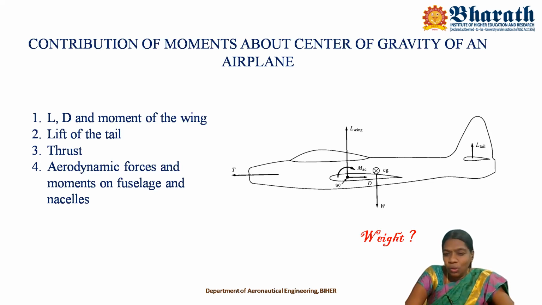All the forces and moments acting on the airplane contribute towards it: the lift, drag, and moment of the wing, the lift of the tail, the thrust, and the aerodynamic forces and moments on the fuselage and the nacelle. Since the weight acts at the center of gravity, the perpendicular distance is 0, and hence the contribution of the weight towards the moment about the center of gravity is nil.